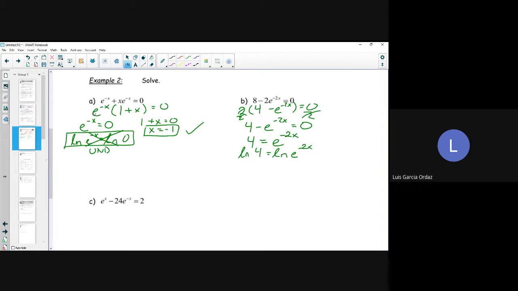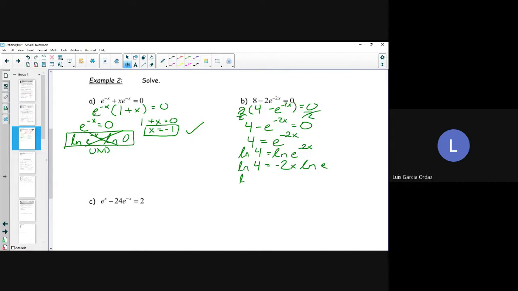And now because of ln e to the negative 2x, we can use the power rule. So all that does is you get ln of 4 is equal to negative 2x times the ln of e. And based off of our laws that we learned, what is the ln of e always equal to? 1.